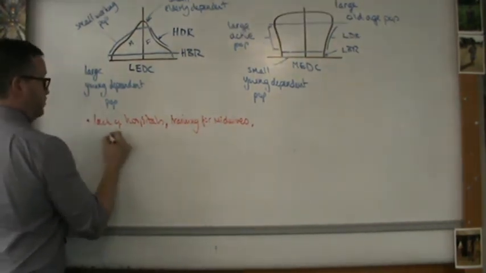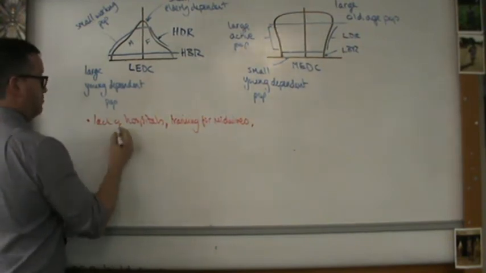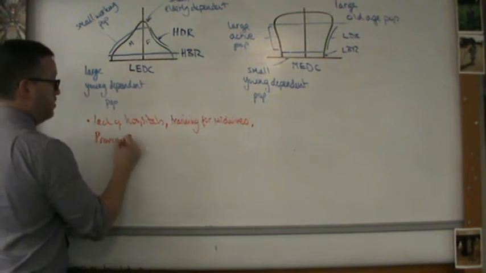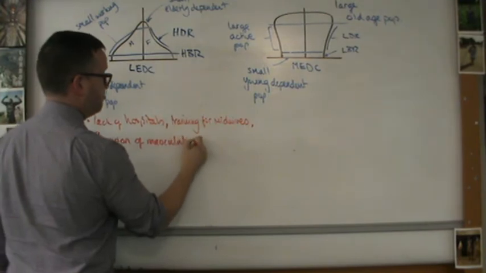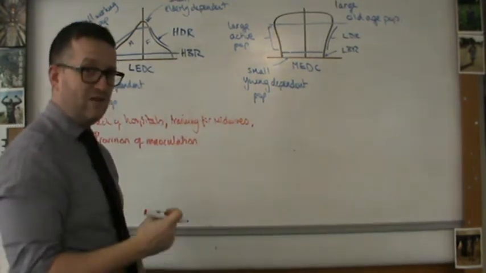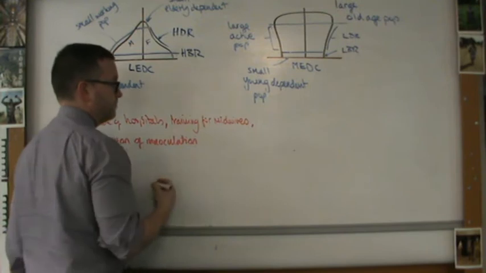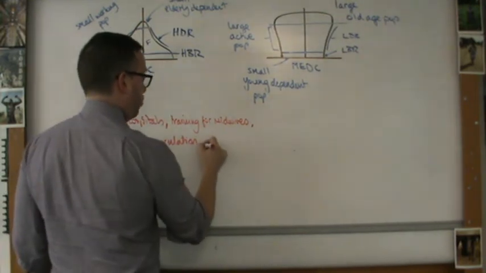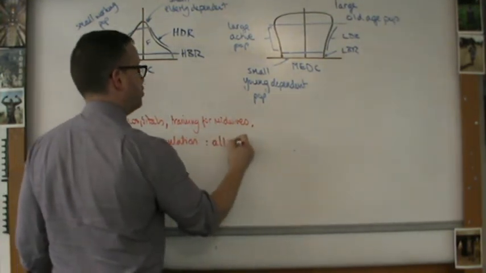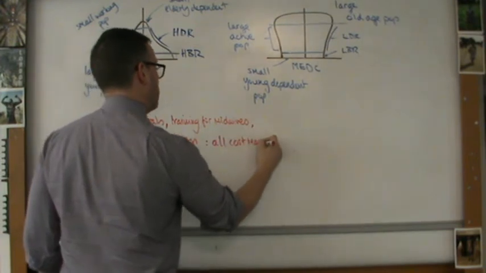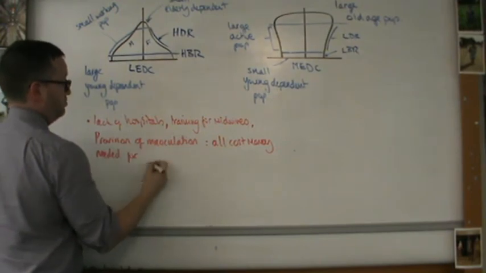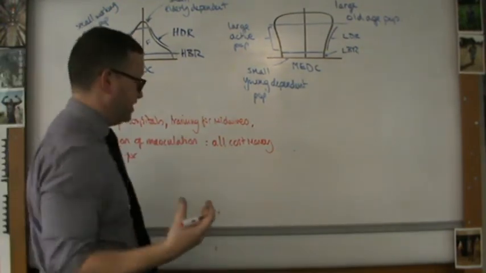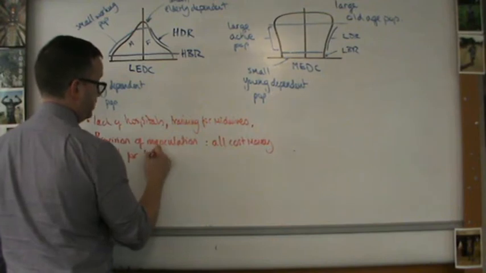we also need to think about provision of inoculation. That means vaccines for diseases. These all cost money, needed for, and then you just think of something that the money might be needed for, housing, perhaps.